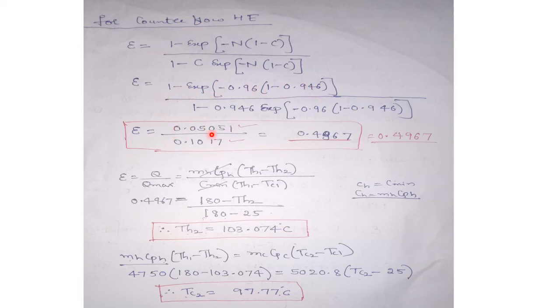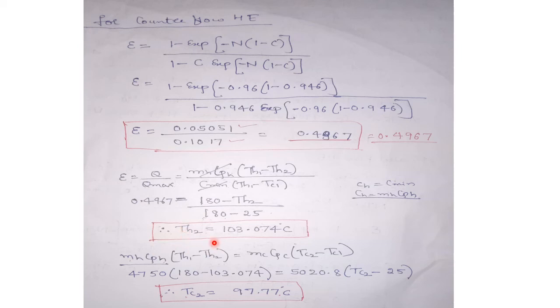For the denominator, if you simplify, the answer will be this. So the effectiveness of the heat exchanger will be 0.4967. Here also we calculate the effectiveness by this method, as we explained for the parallel flow heat exchanger. Only the formulas are different here.